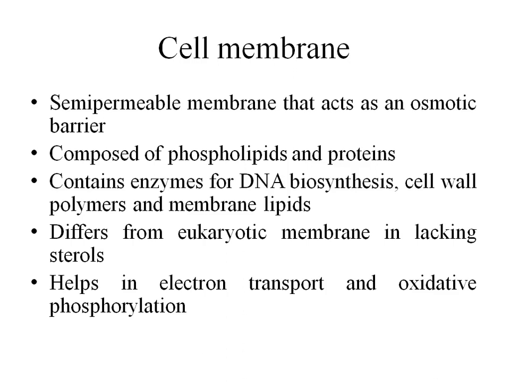Basically, it is composed of phospholipids and proteins. The cell membrane is very important for the production of energy, because, as we know, ATP is synthesized in the mitochondrion, whereas here, in the absence of mitochondria, the electron transport chain and oxidative phosphorylation take place at the level of the cell membrane, in the form of a mesosome, which is a modified form of the cell membrane, where ATP synthesis occurs.